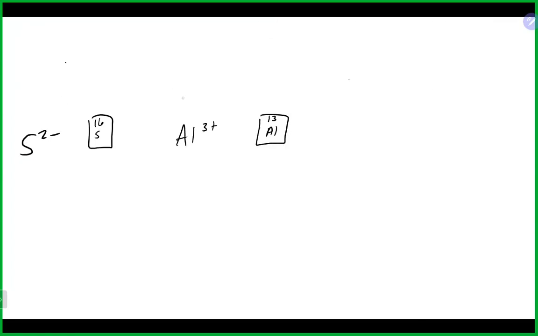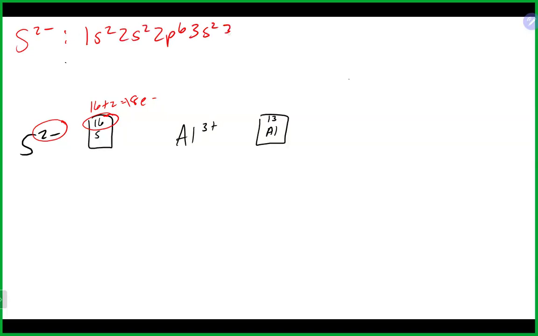Okay, so let's take a look. So here, sulfur with no charge has 16 electrons to match its protons. Here with a -2, again, the minus means it has gained electrons. The 2 is how many it gained. So basically, if you take 16 plus 2, that's going to give you 18 electrons, which means the sulfide ion would have an electron configuration of 1s2, 2s2, 2p6, 3s2, 3p6 in this case.